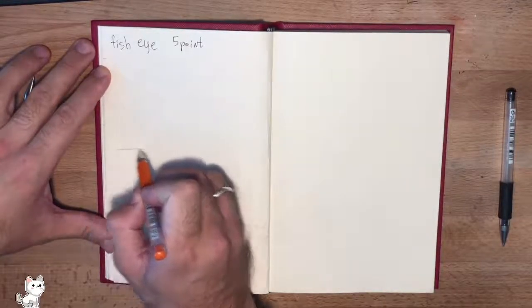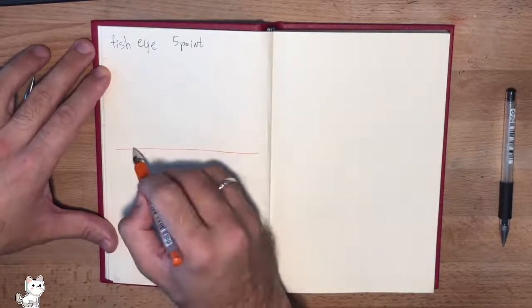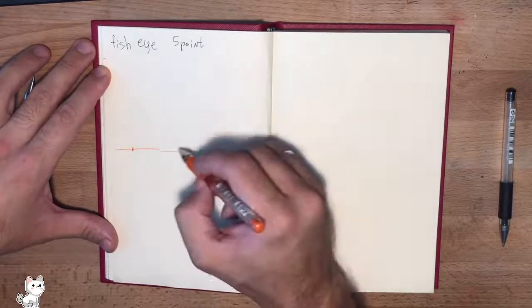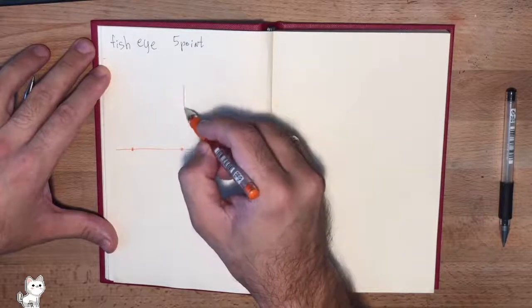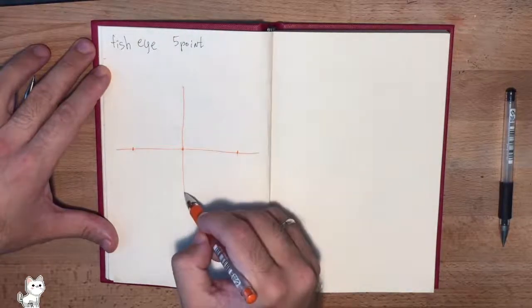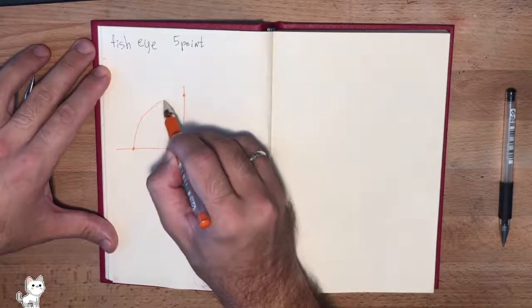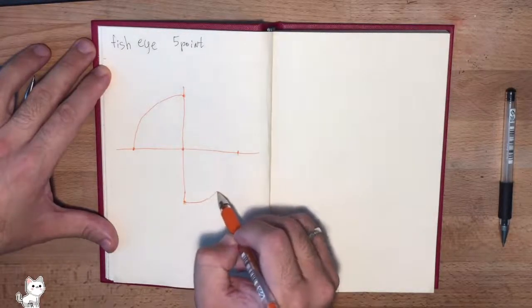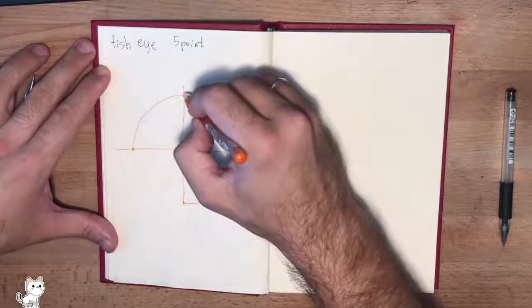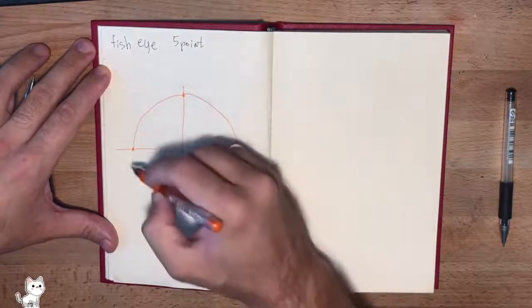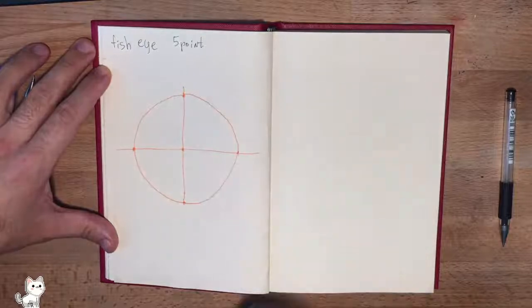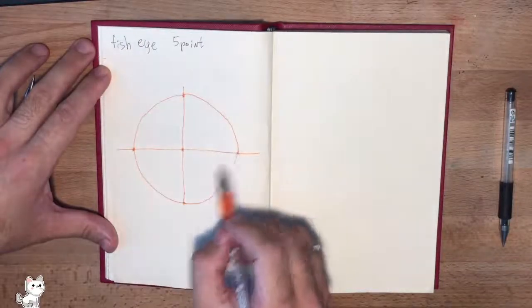So again there will be a vanishing point in the center and 4 vanishing points on each side.